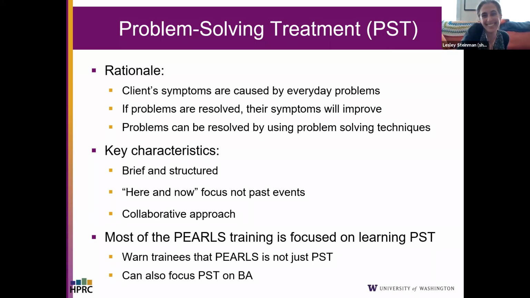Okay, so very quickly, there are 7 steps to the PST, problem-solving treatment. They are wonderful, helpful tools that we can teach our clients, and that's what we need to do. We need to teach them how to use these. I have a worksheet that I offer them, so they can write down these things as we go along.